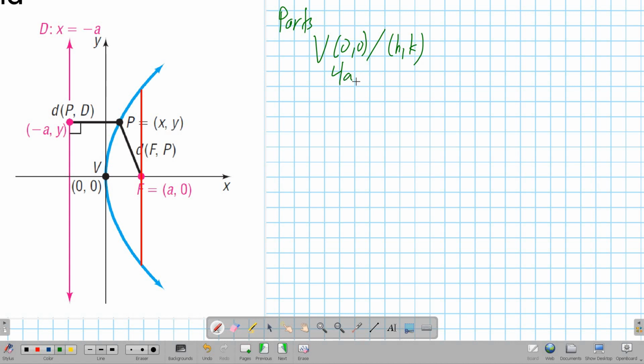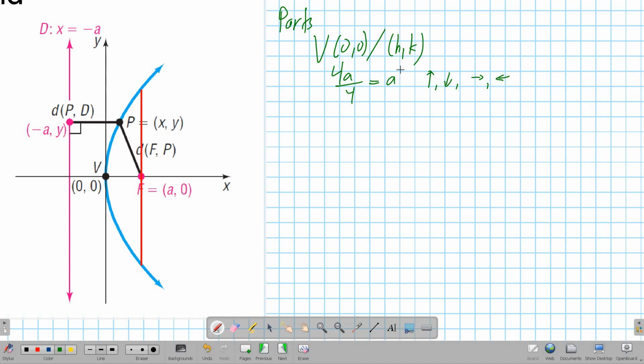Whatever the value of 4a is, divide it by 4 to get the value of a. Because the value of a and where the squared variable is tells you whether it opens upwards, downwards, to the right, or to the left. You have to figure that out.